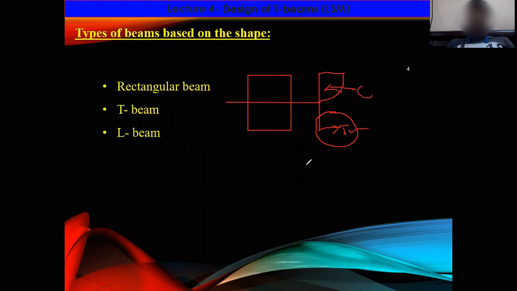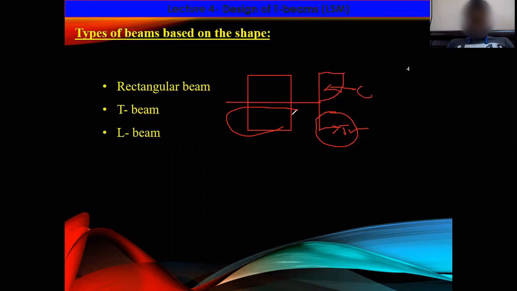That means we are not transferring the tension force to concrete in the tension zone, right? In the compression zone, obviously whatever load is developed is taken by the concrete itself. But in the tension zone, we are assuming that the total tension force is taken by the steel only, right? So the concrete part in the tension zone is approximately zero. It is not contributing any tension force.